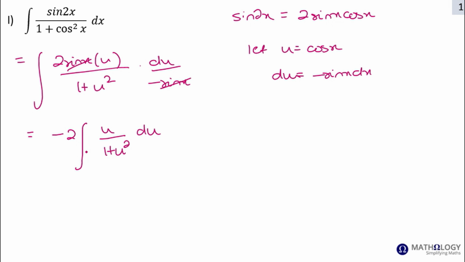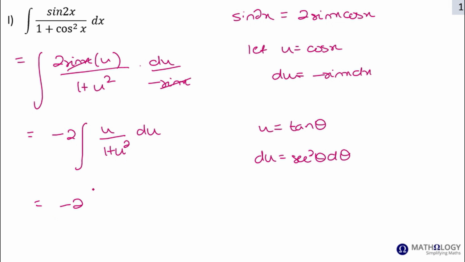Now we can use another substitution. Whenever we see 1 over 1 plus u squared, we are going to use a trigonometric substitution. So we're going to let u be tan theta, du is then sec squared theta d theta.